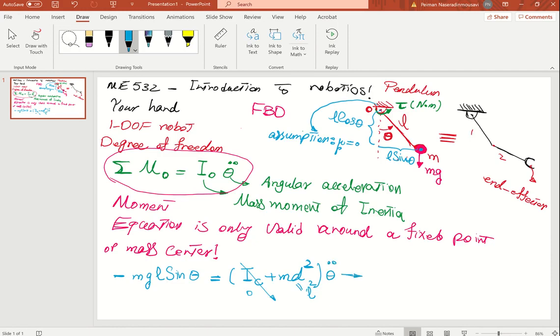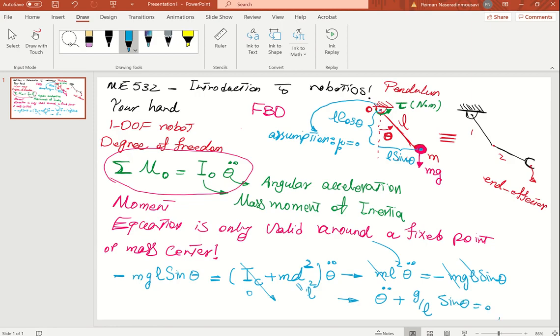So what we're going to get is ml squared theta double dot is equal to minus mgL sine theta. The m cancels, and one of the L's cancels, and finally, what you get, moving this to the other side, theta double dot plus g over L sine theta.